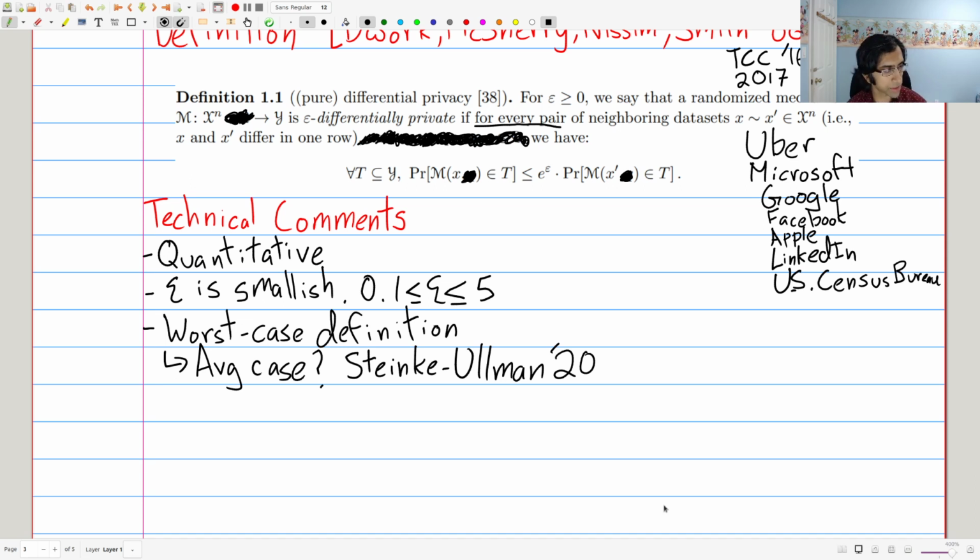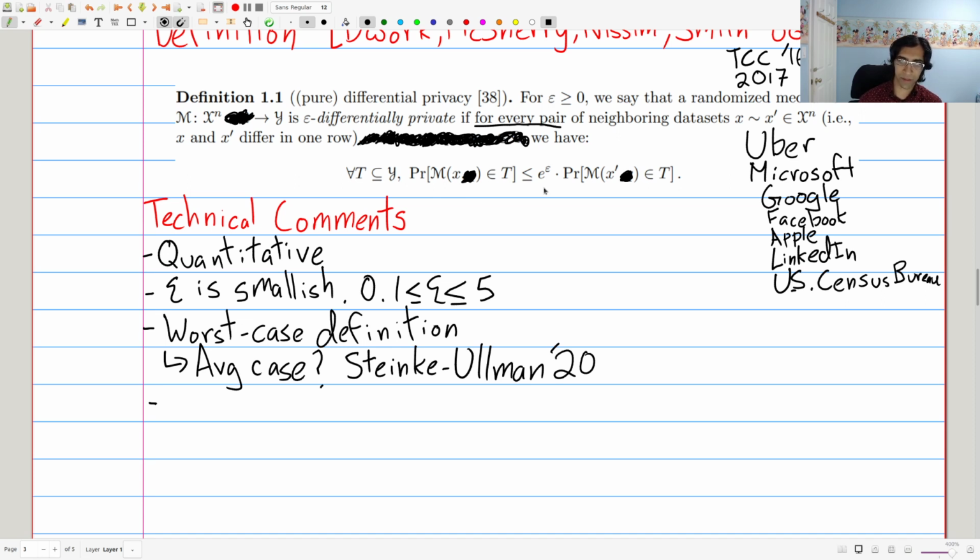What else do I want to say? I guess I already said this, but let me just reiterate it because I think it's an important point. If you want to explain this in words, the definition essentially bounds the multiplicative increase in the probability of M's output satisfying any event when you change one data point.